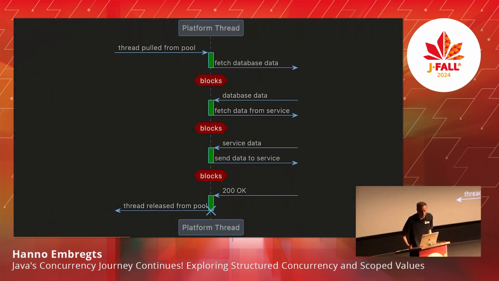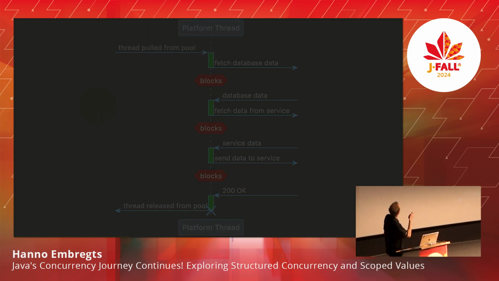Okay, so let's see how virtual threads speed up stuff, because they can speed up stuff just in very specific situations. So for this example, we're doing some stuff on a platform thread. And with platform threads, they are expensive, so we probably pull them from a thread pool right here. And then the green block tells you we're doing some work, and afterwards we're fetching some data from a database. Obviously, we have to wait, so this thread is blocked until the database responds.